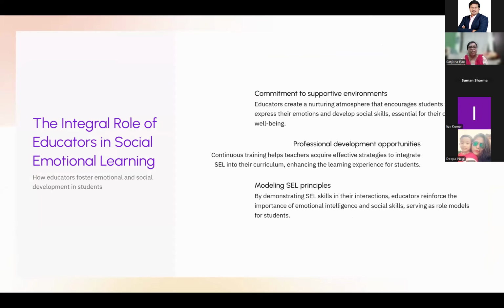Yes, ma'am. The integral role of educators in social and emotional learning. So how particularly the educators have to foster the emotional and social development in students. This is where facilitators act as both facilitators as well as role models for the students.